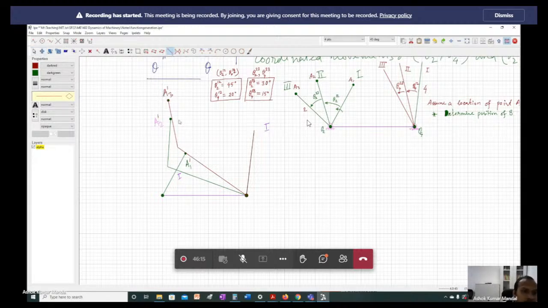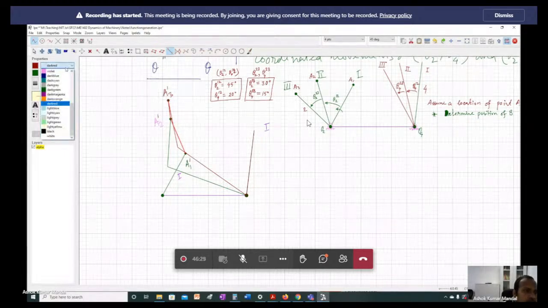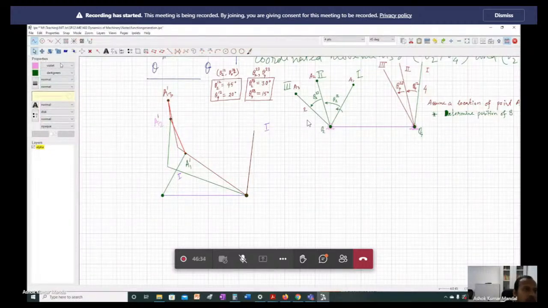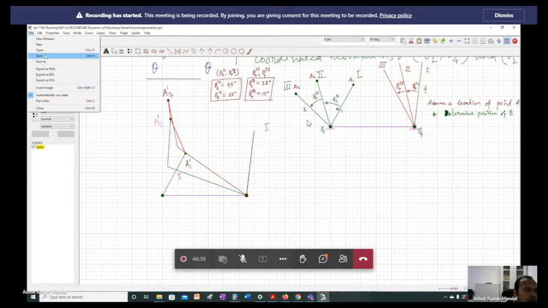So now we have to join these points A1 and A2, then A2 and A3. Okay, then we will draw the perpendicular bisectors.